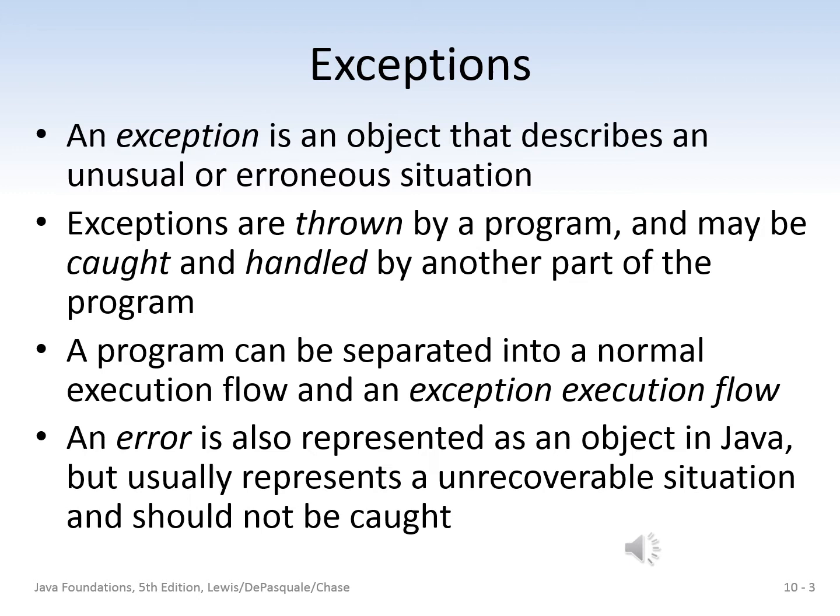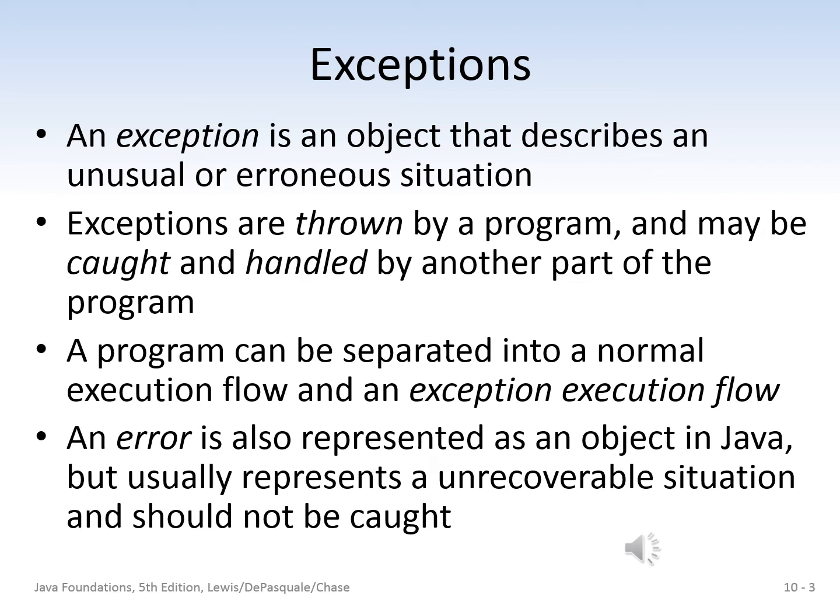An exception is an object that describes an erroneous or invalid or unusual situation. And programs throw exceptions, and sometimes they're caught and handled by another part of the program. However, that's not always or usually the case.